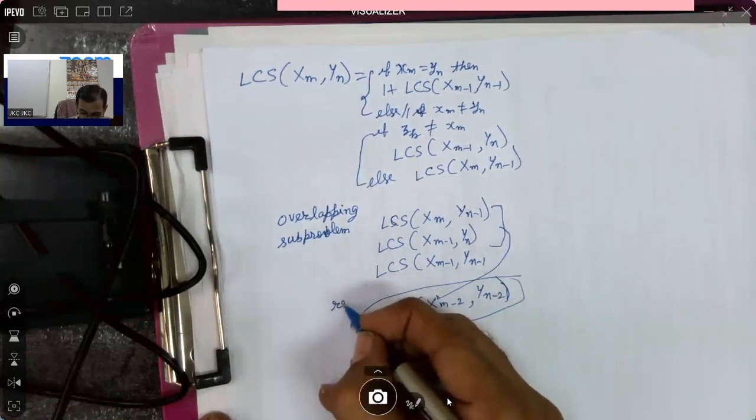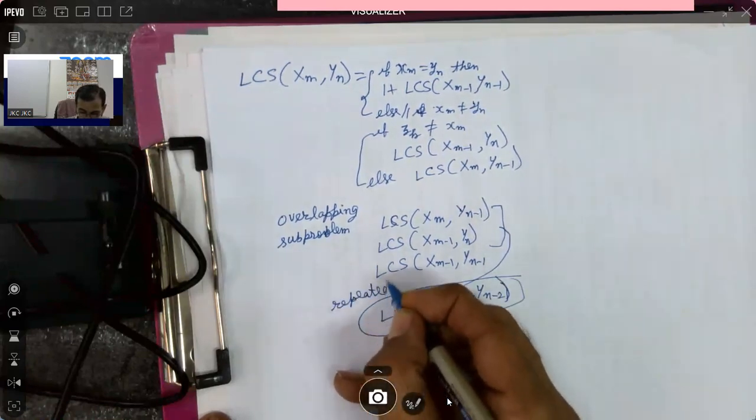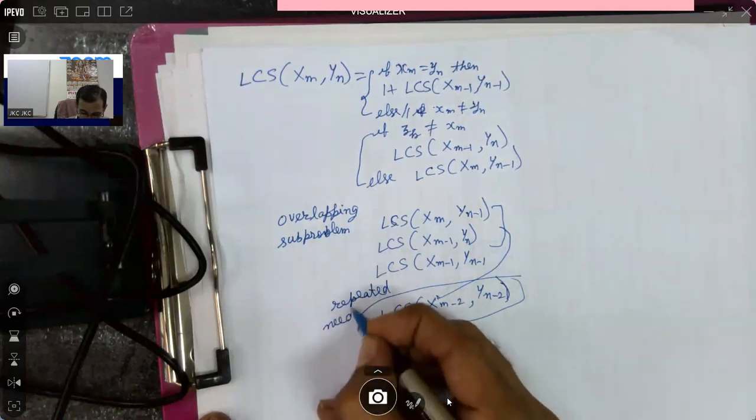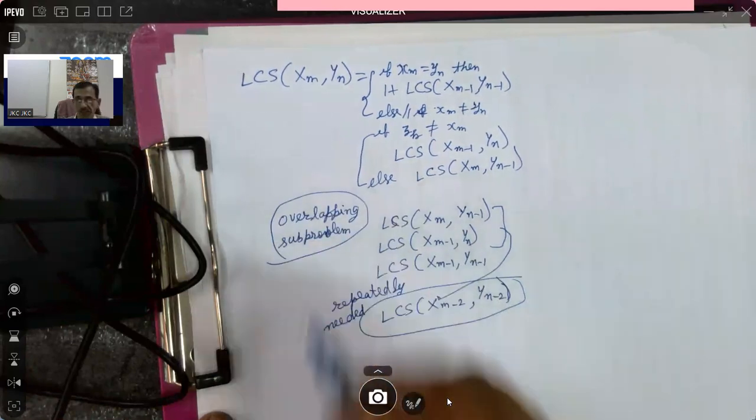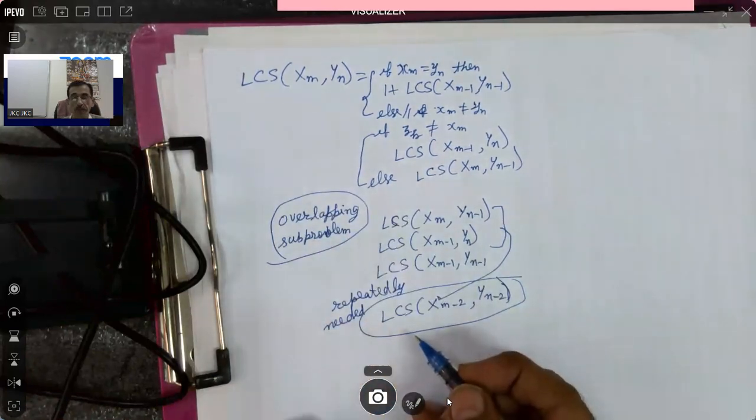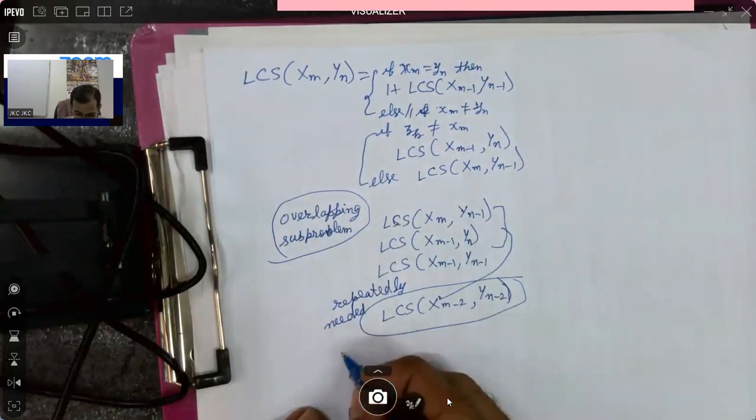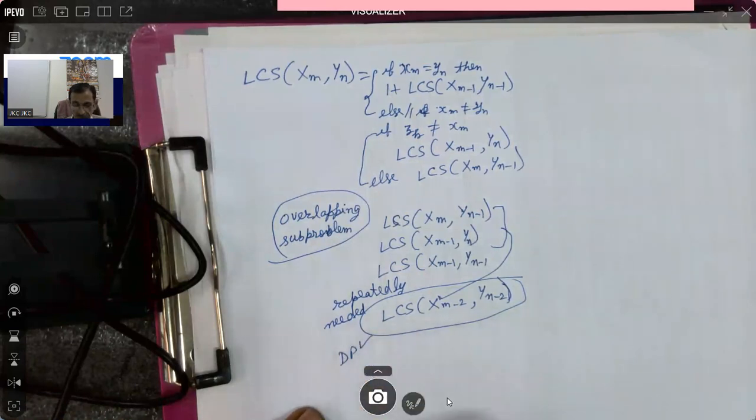So repeatedly they will be generated and needed. Hence this becomes an overlapping problem, and it is an ideal solution for DP.